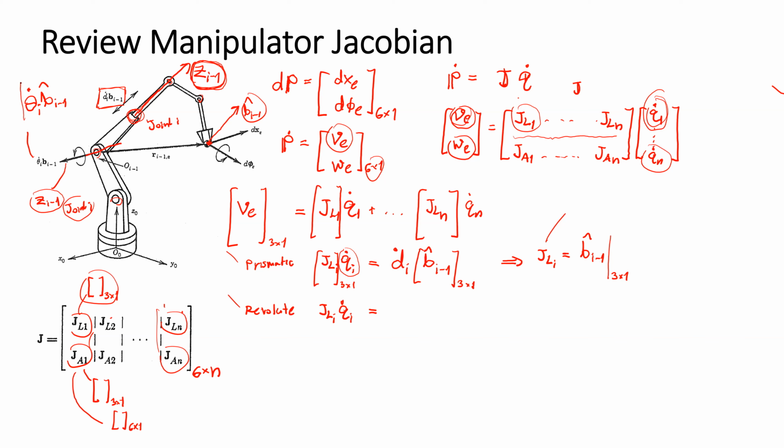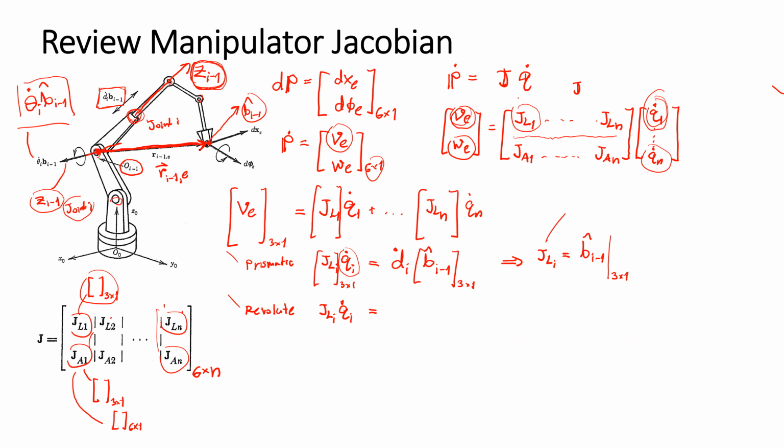This is the omega vector. The position vector that measures from the center of frame i-1 to the endpoint is the relative position vector that points from the origin of frame i-1 to the end effector. It is this vector.